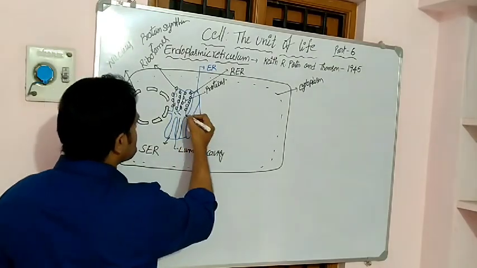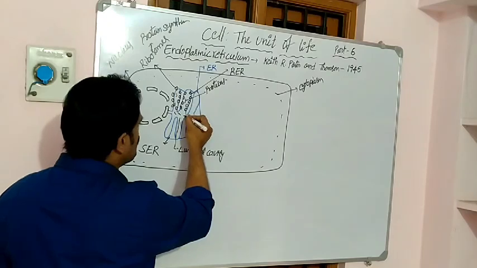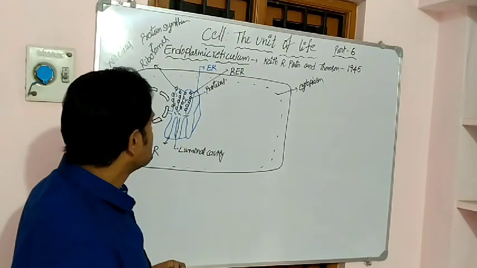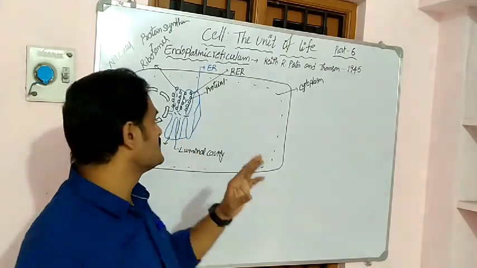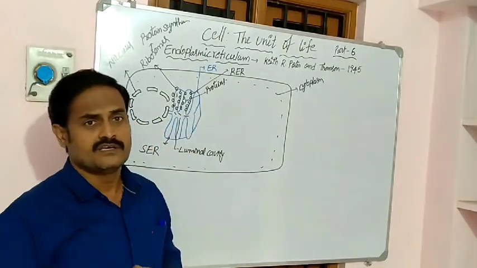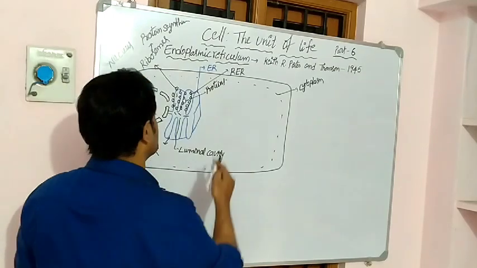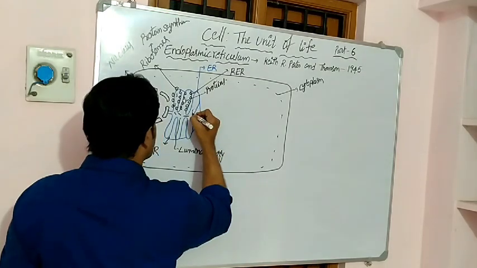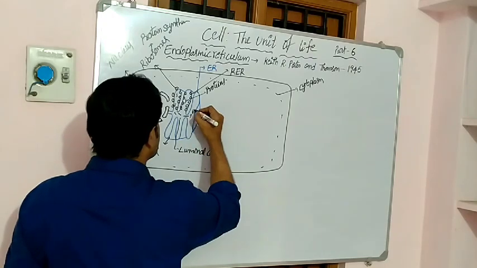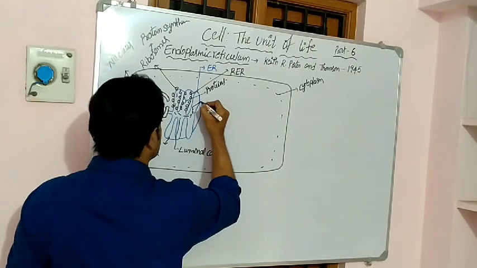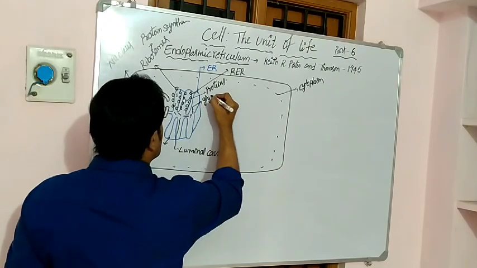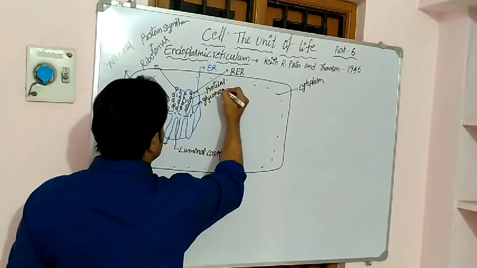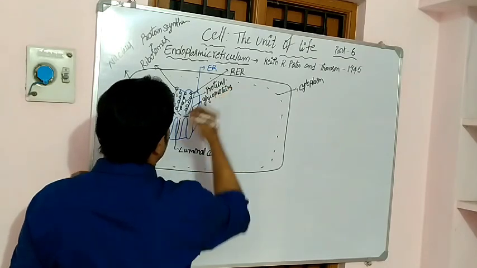Once the proteins are released into the luminal cavity, they start to be modified. For example, carbohydrates get attached to these proteins and they are converted into glycoproteins.